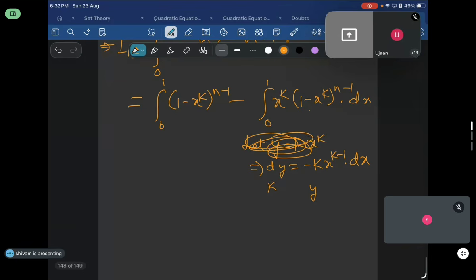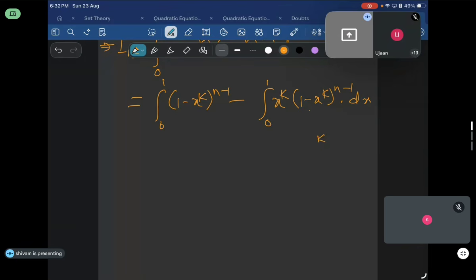Okay. So over here, if I take y is equal to x to the power k, this implies dy is equal to k into x to the power k minus 1. This x is coming anyways.